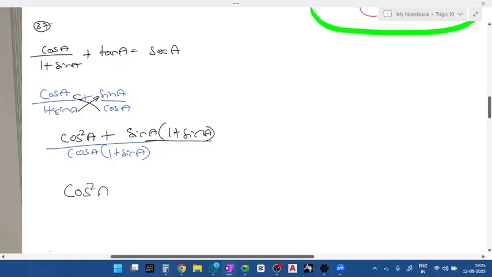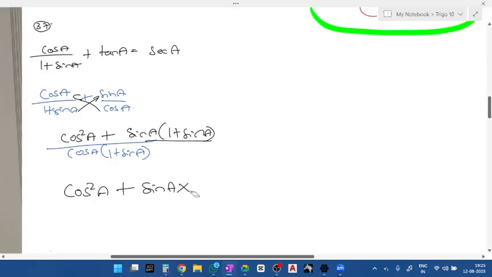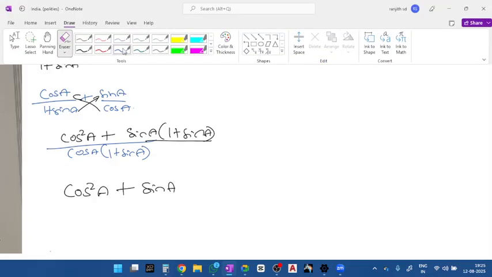Okay, all of you listen, students. Naomi, first query. When you open the bracket, square A, into sin A, is it correct? See, if you don't know, you should tell me that you don't even know the basics. I can teach you the bracket method.